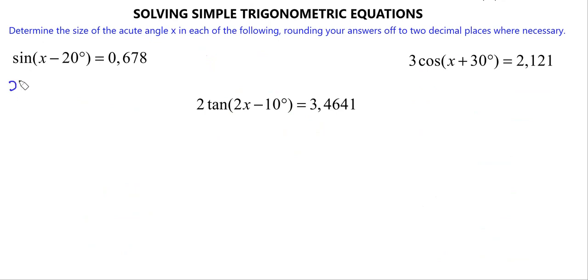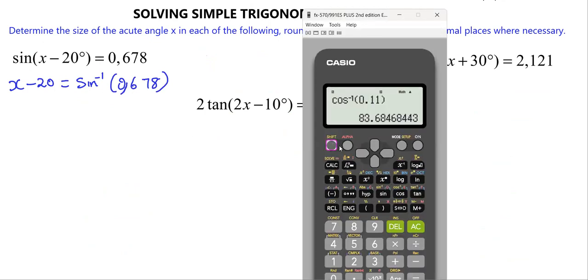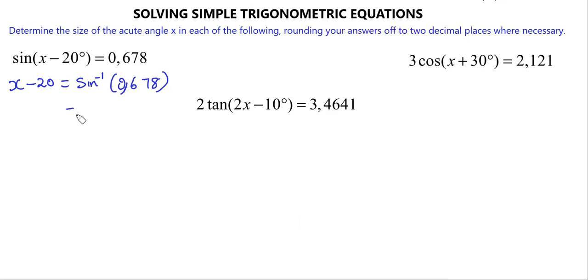So we will be left with x minus 20 equal to arcsine of 0.678. If we punch that, shift sine, 0.678, and here we go, we get 42.68755.